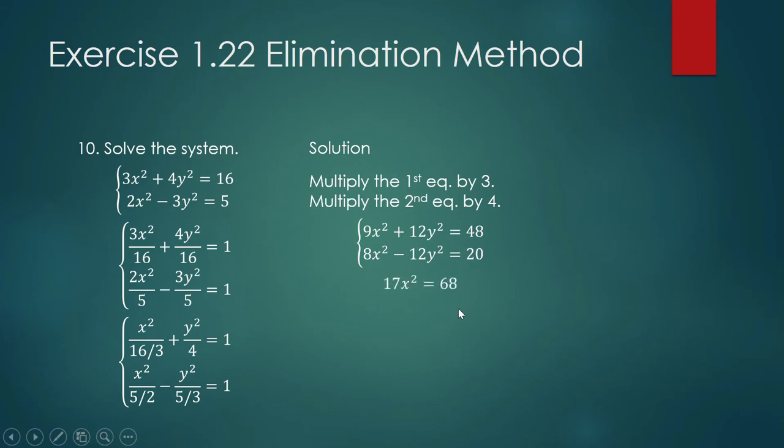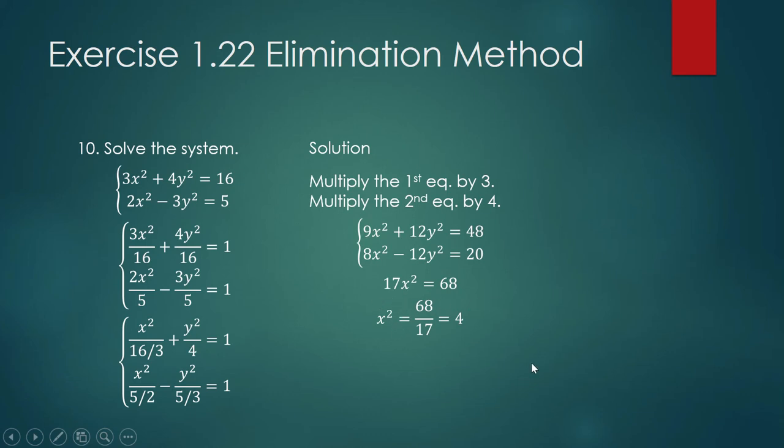And 48 plus 20 is 68. So you know now why I had to multiply the first by 3 and the second equation by 4, because I want to eliminate y squared. I want to eliminate y squared, so I have now one equation in one unknown. That is the direction of your method, to produce one equation in one unknown.